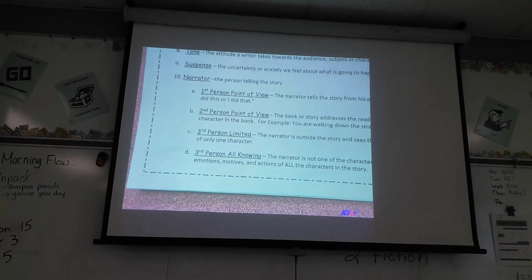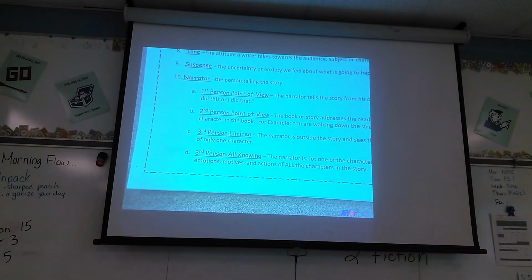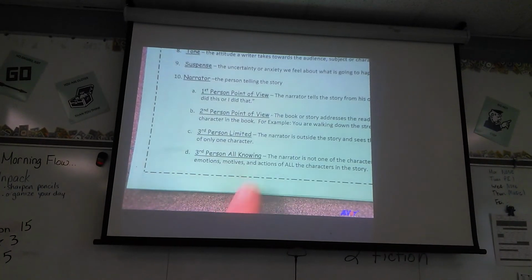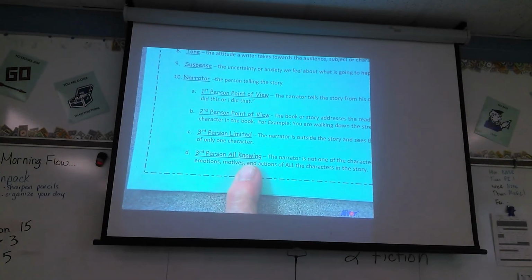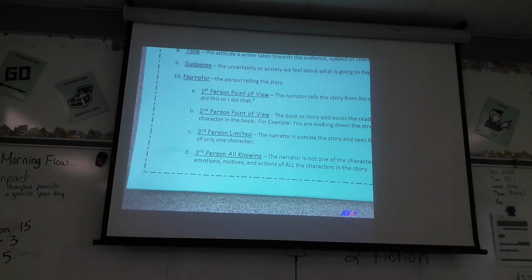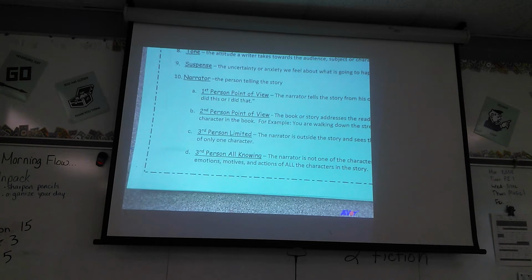That's when, and I'm going to change my thinking about that. This is written in first person. So Front Desk, I apologize, my mistake, is written in first person point of view. Third person, all-knowing, that's when it's written as outside of the main character, but we can get into the heads of each of the characters.